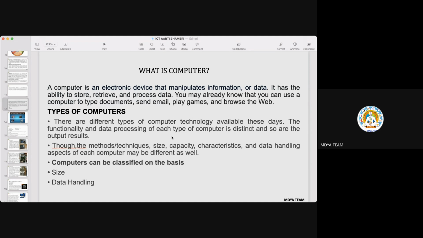So as per your need, you give instructions to the computer and it computes all those instructions, compiles them in some way and produces a result in front of you.